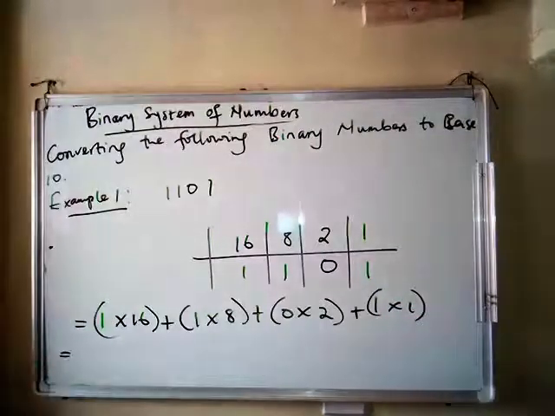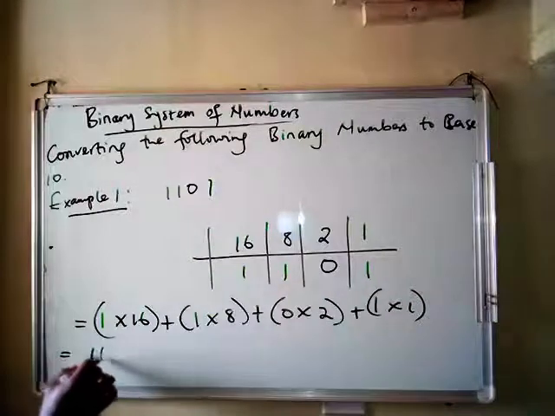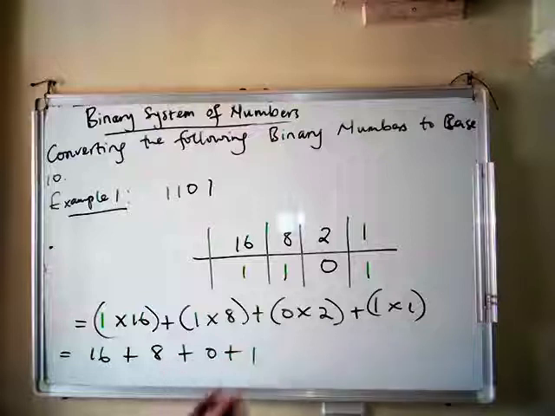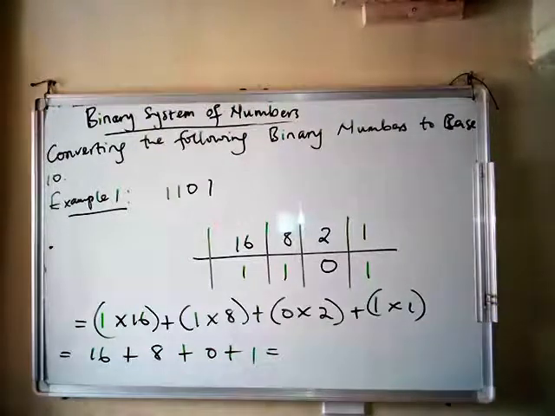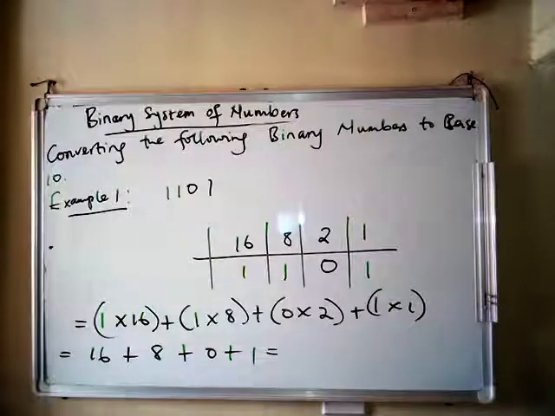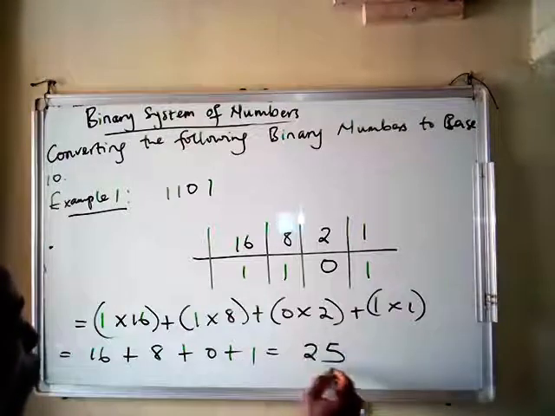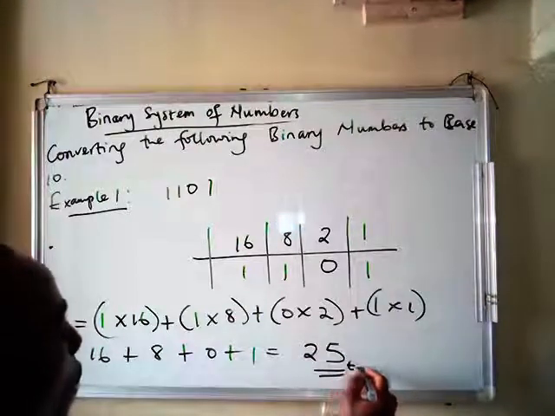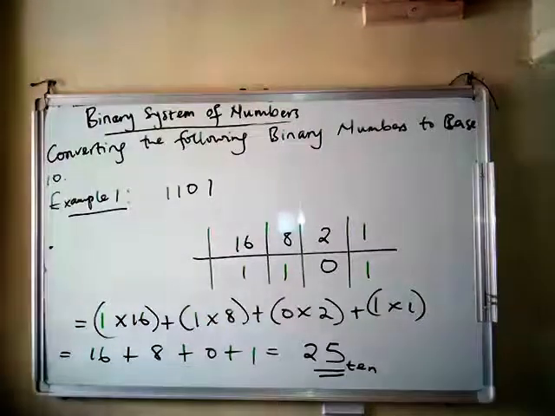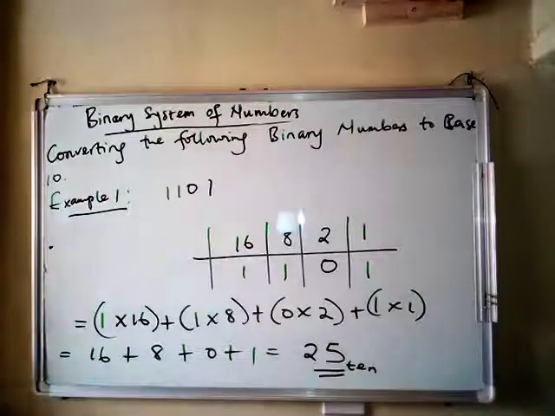The first power of 2 is 2 raised to power 0, which is 1. The second is 2 raised to power 1, which is 2. The third is 2 raised to power 3, which is 8. The fourth is 2 raised to power 4, which is 16.